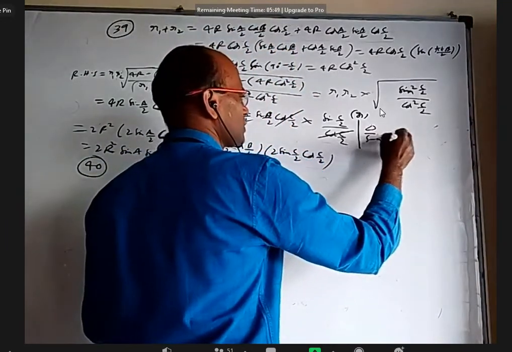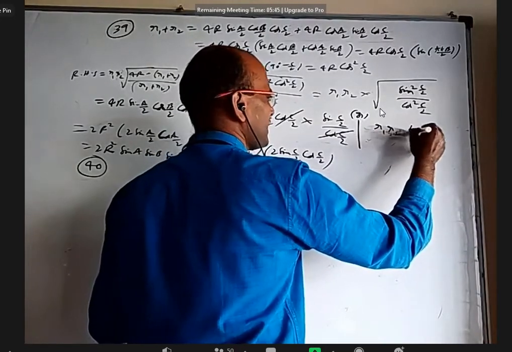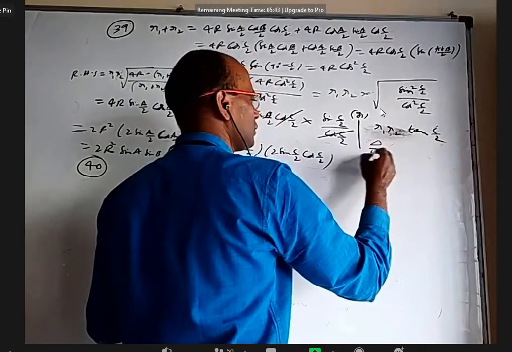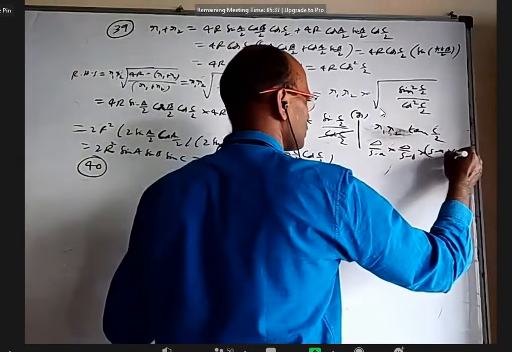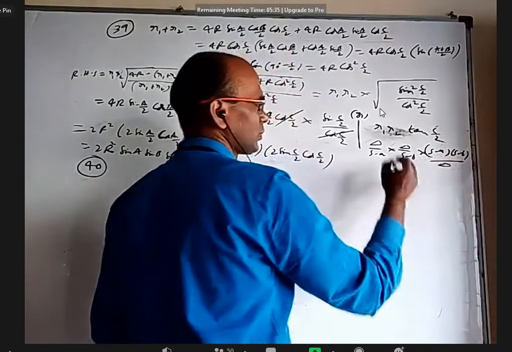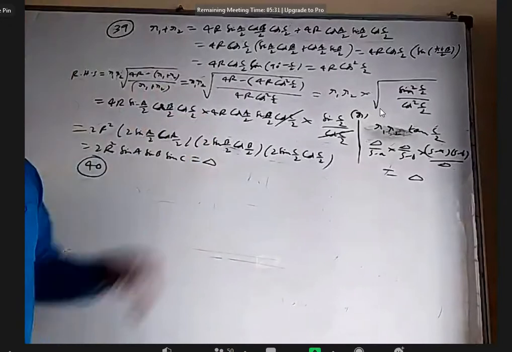Delta by S minus A into, let me write first of all, R1 R2 tan C by 2: delta by S minus A, delta by S minus B, and S minus A into S minus B by delta. This is more simple. I'll get delta. Yes, you can also do like this.